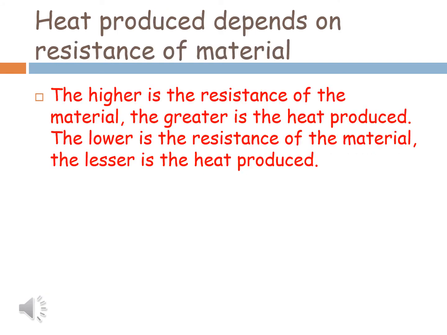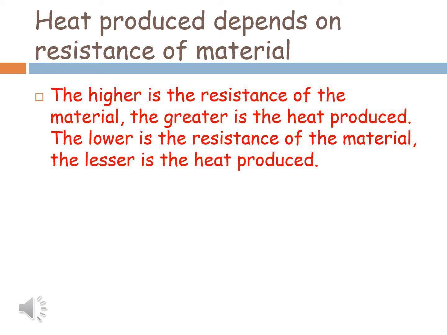Now first let us discuss how the heat produced depends upon the resistance of the material. We know that the resistance of any material tries to stop the flow of electric current. So the higher the resistance, the greater is the heat produced, and the lower the resistance of the material, the lesser will be the heat produced.